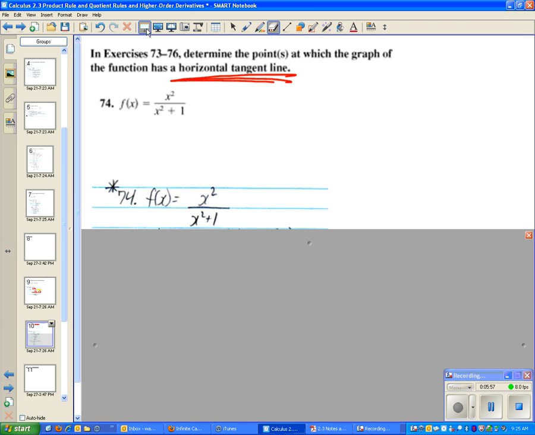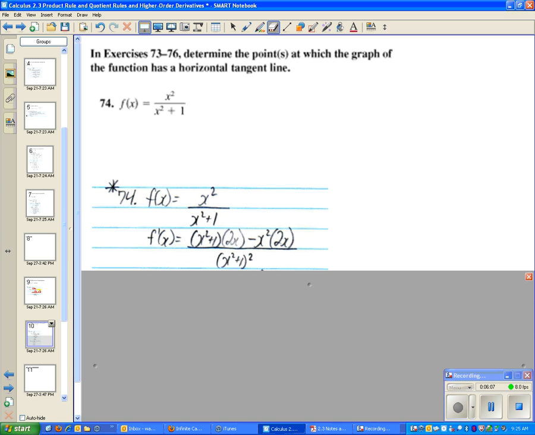All right, so let's find the derivative using the quotient rule. F of x equals x squared divided by x squared plus 1. So f prime of x equals the bottom, x squared plus 1, times the derivative of the top.